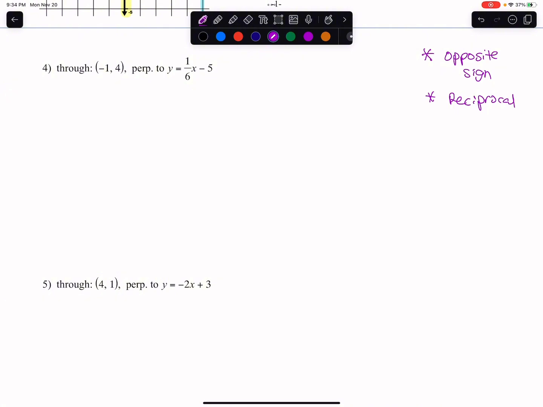So again, we got y minus y1 equals something, parenthesis, x minus something else. This doesn't change, x1, y1. So the y1 is going to go here, x1 is going to go there. But it needs to be perpendicular to this.